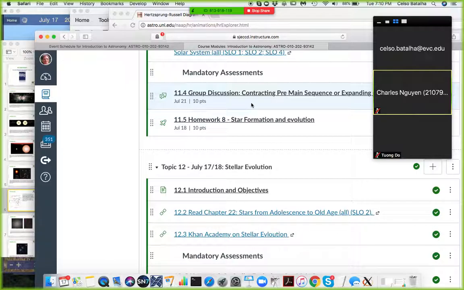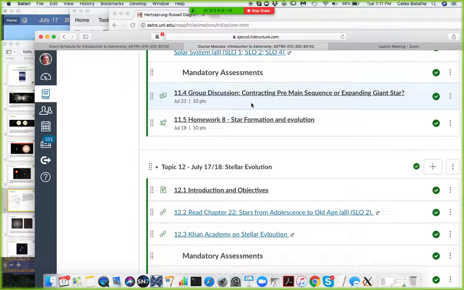So in one particular location of the Hertzsprung-Russell diagram, there are stars that, for all purposes, we don't know exactly if they are contracting to be a main sequence, in other words, they are young stars still in the process of being formed, or if they are an advanced star, as far as evolution is concerned, that has finalized its evolution in the main sequence and now happens to be expanding towards its demise.